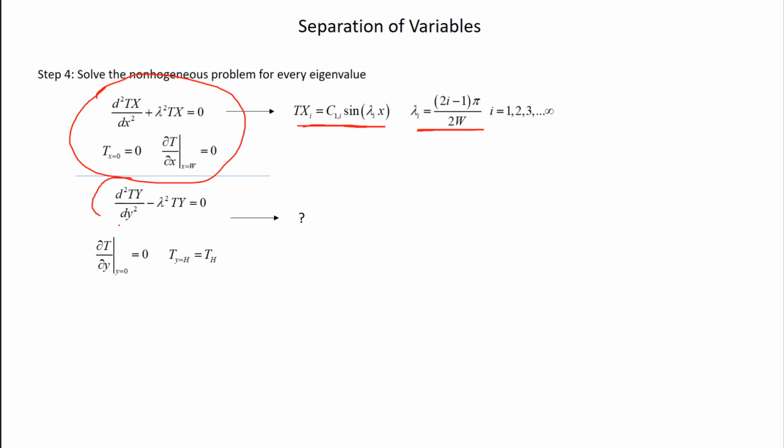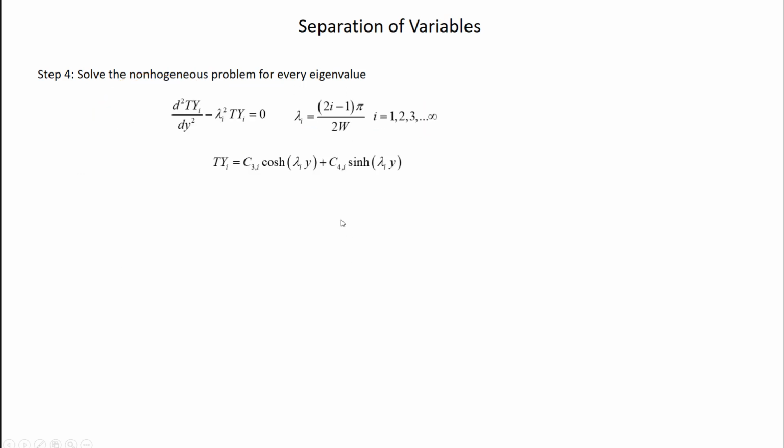So if I come down here and look at this, every lambda I is going to be related to one of these ODEs that will have a solution TYI. In other words, there's going to be a whole bunch of matching problems, if that makes sense. So I have to solve this non-homogeneous problem for every eigenvalue. Right? So this is my problem that I get for each of these eigenvalues. Right? I get this ODE here.